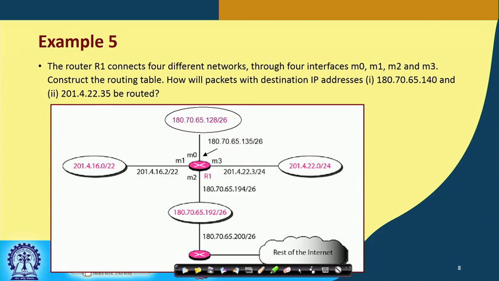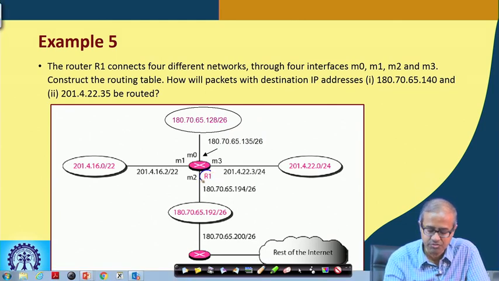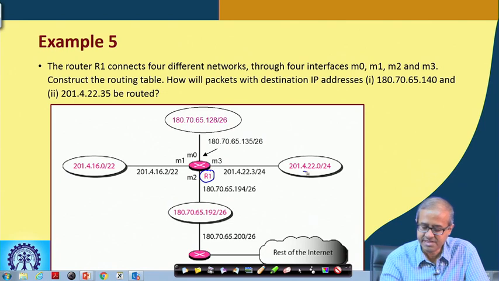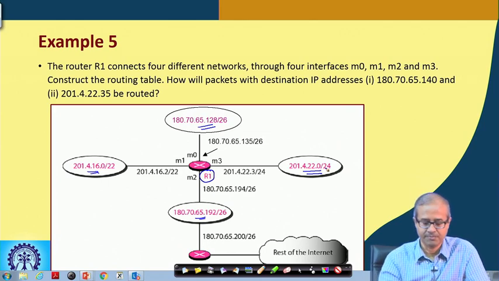So, here we consider a router R1. This is our router R1. As you can see, there are 4 interfaces M0, M1, M2 and M3, and these are the networks it is connected to. These are the network addresses, and also in CIDR notation the number of bits of the network address is mentioned: 26, 22, 26 and here 24.